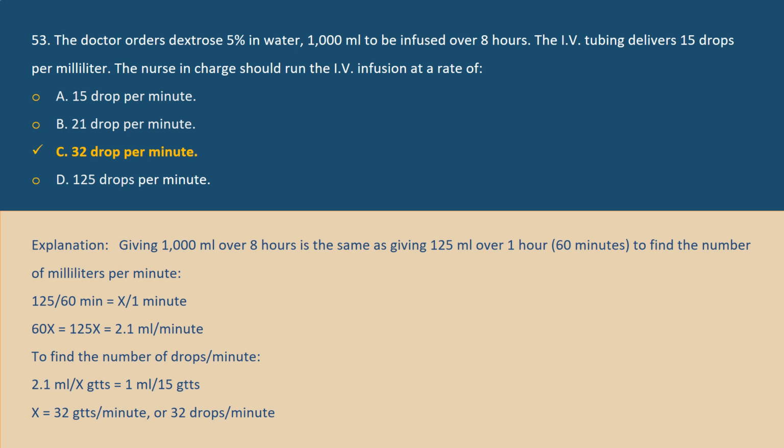To find the number of drops per minute, 2.1 milliliters per x drops equals 1 milliliter per 15 drops. X equals 32 drops per minute.